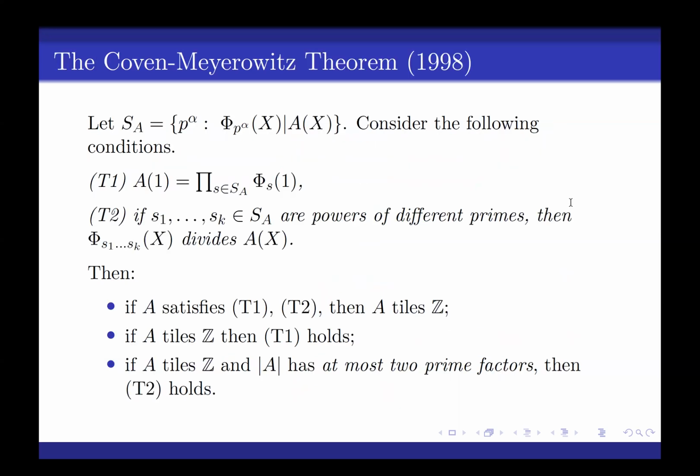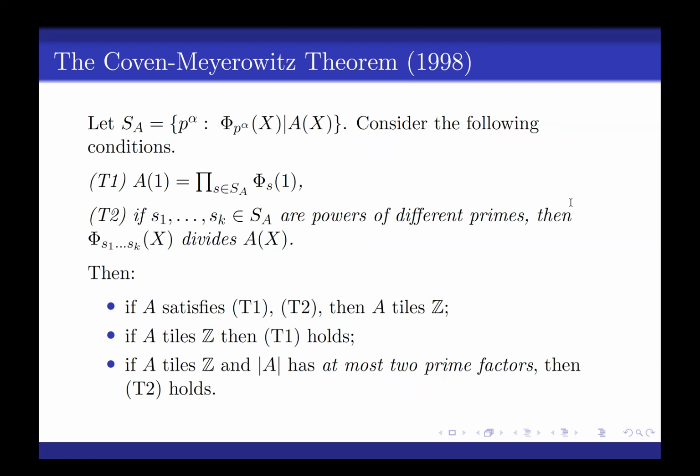So now we're in a very good position to state the Coven-Meyerowitz theorem. It is stated in terms of the set S sub A, which is the set of all prime powers, corresponding to a divisor capital M, such that the corresponding cyclotomic divides the masked polynomial of A. What Coven and Meyerowitz did is define two conditions.